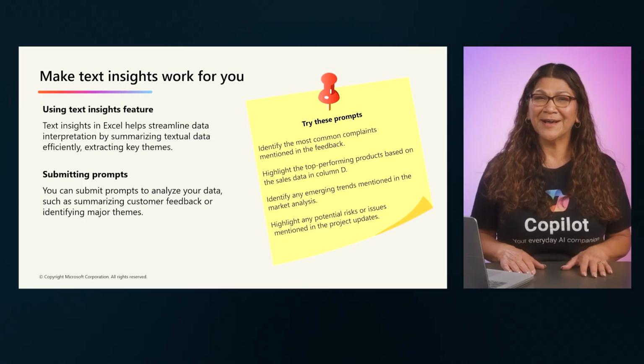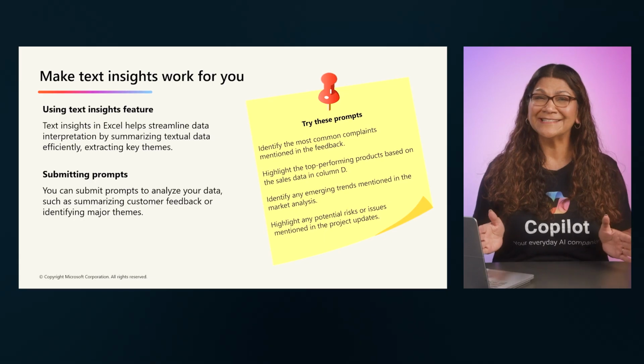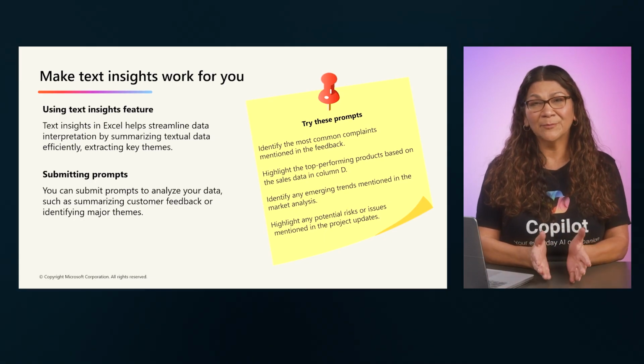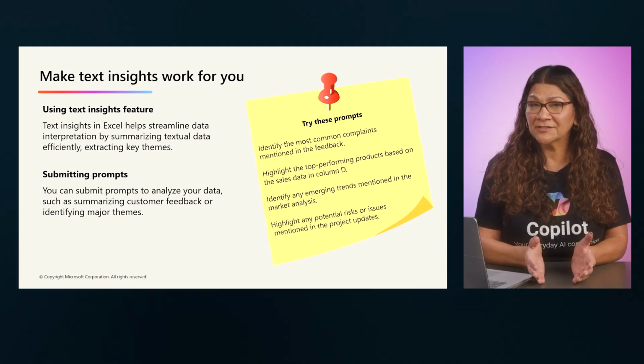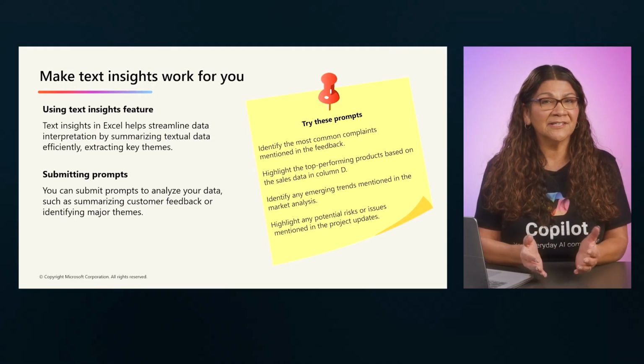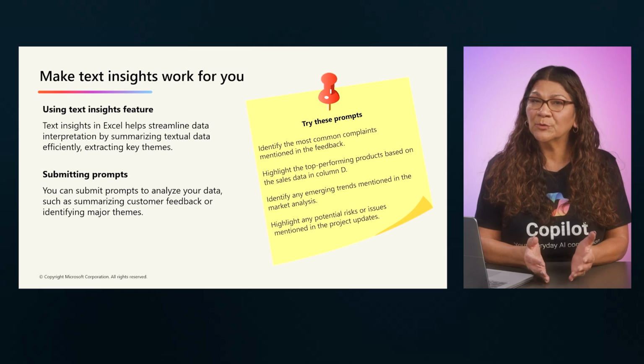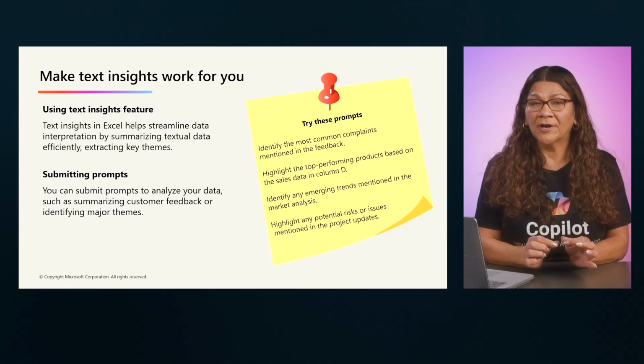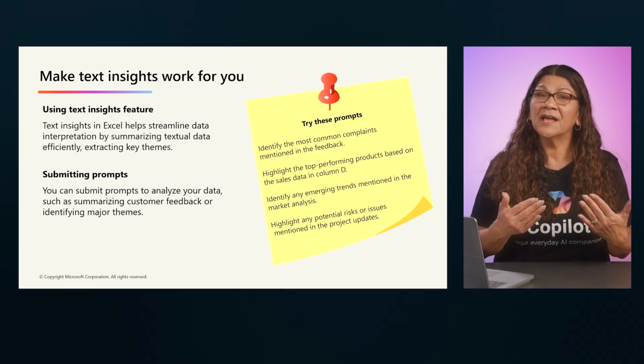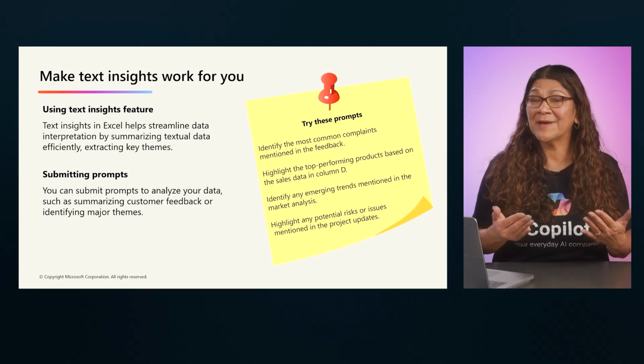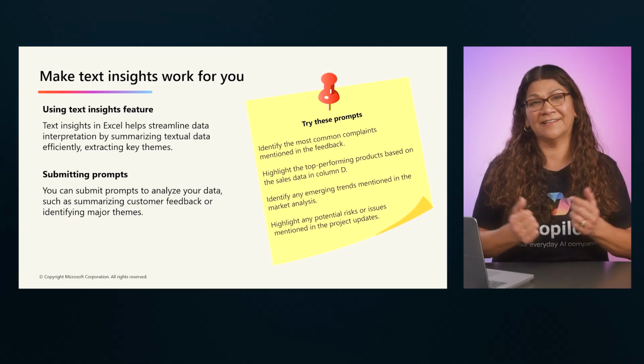You can ask Copilot to identify common complaints in customer feedback, summarize comments, rewrite bug descriptions in a professional tone, group URLs into clear, categorized bullet points, or more. And you can also have it turn unstructured text into actionable insights in seconds.